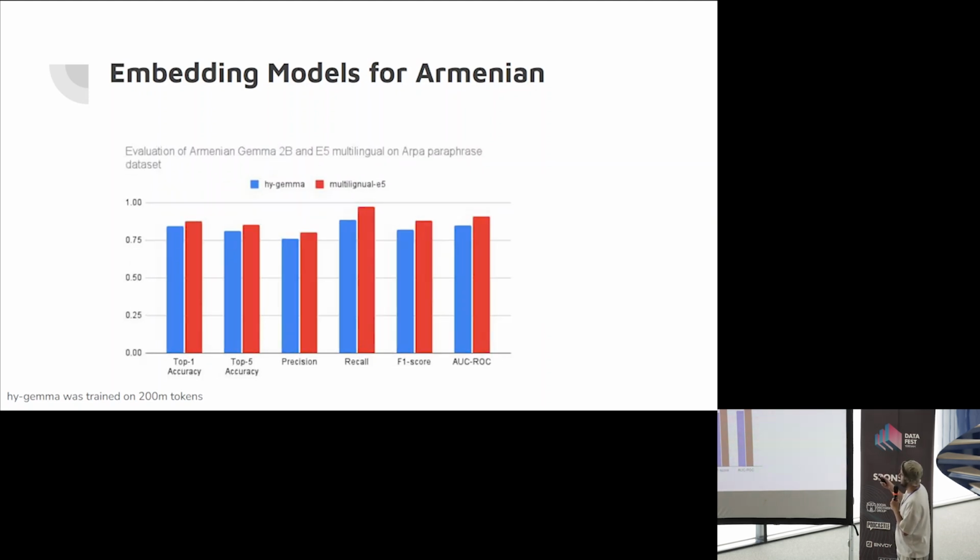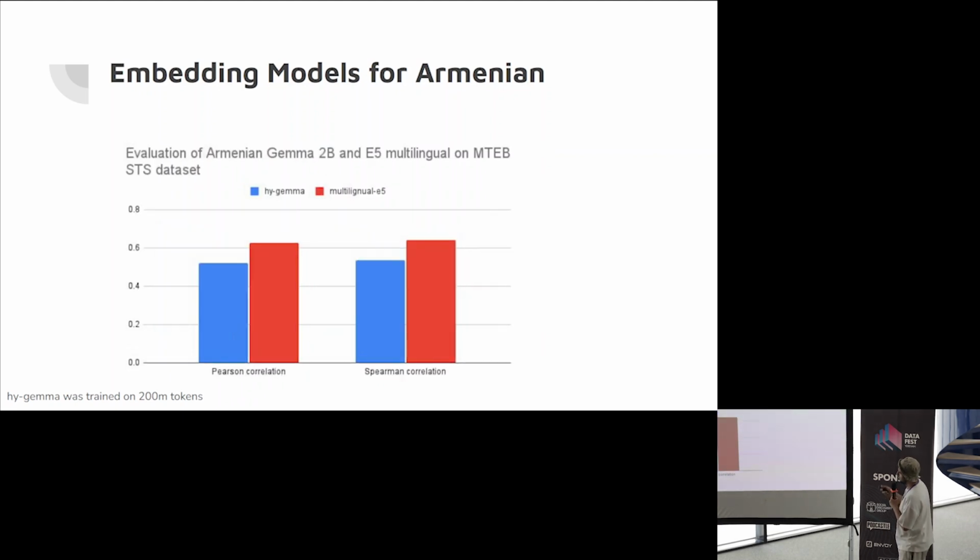This was for the ARPA's paraphrase dataset, and it's close, but the multilingual E5 is just better for this task. And then for the STS, we are also a bit behind.